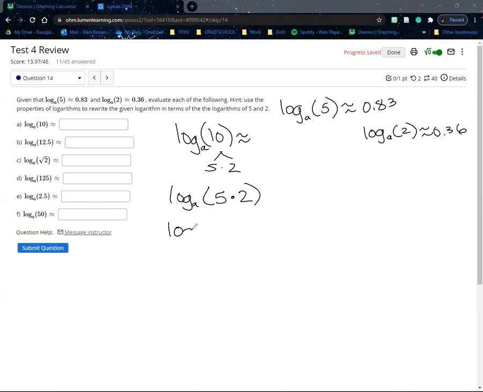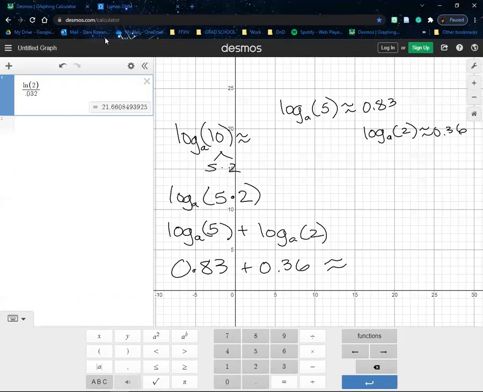Log A of 5 plus log A of 2. Right, and then from here, what do we know log base A of 5 is? 0.83, and we know that log base A of 2 is 0.36. And because it does say it's approximate, we know that our answer is going to be approximate, which is 1.19.